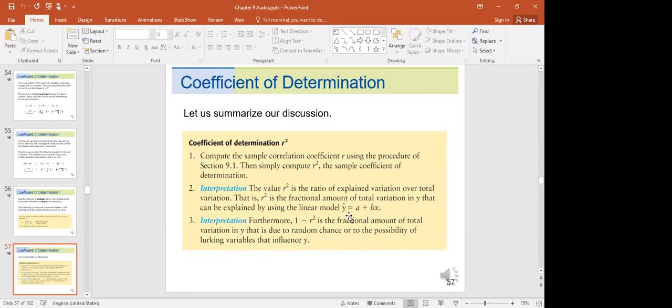On the other side, the coefficient of non-determination, which is 1 minus R squared, is the proportion of variation of the dependent variable that cannot be explained by the regression line.